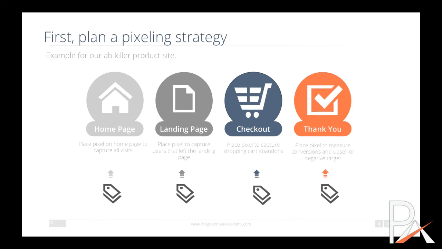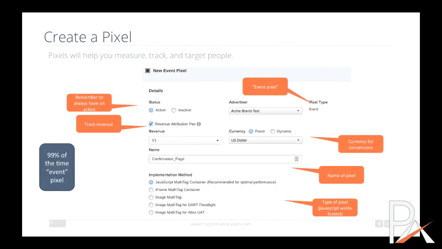So if you've followed our example here for our Ad Killer product site, we've said that at minimum, the home page, the landing page, and the checkout page, and the thank you or confirmation page should be tagged and pixeled. Okay. Now, to create a pixel, I think it's super easy, very simple.